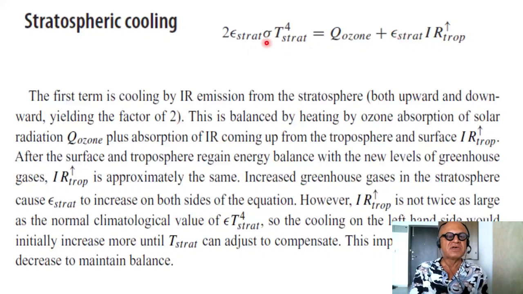So the first term is cooling by IR emission from the stratosphere both upward and downward, which gives us a factor of 2.